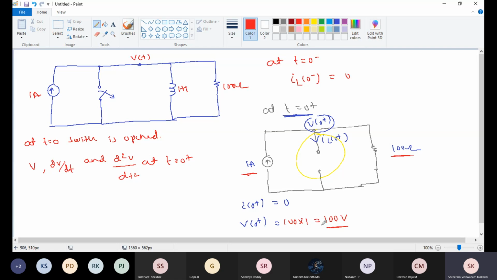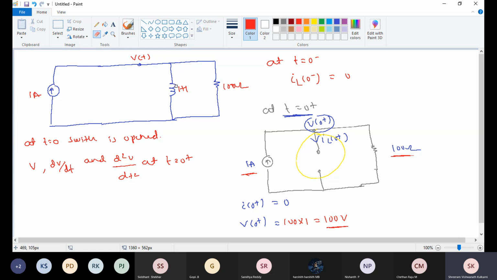Now for t equal to 0 plus we have calculated. Now t is greater than 0. Here I will modify the circuit for t greater than 0. While writing t greater than 0 we are not including the switch.